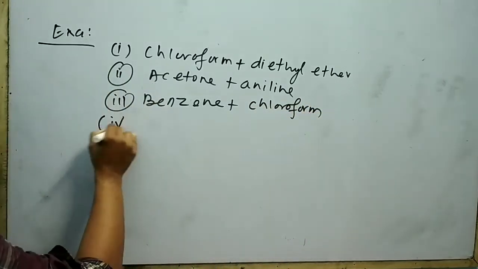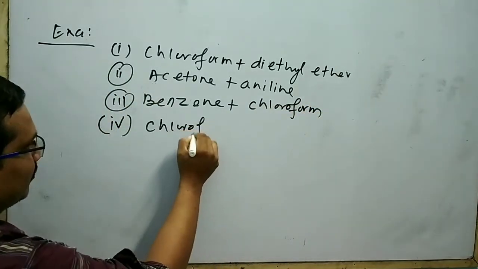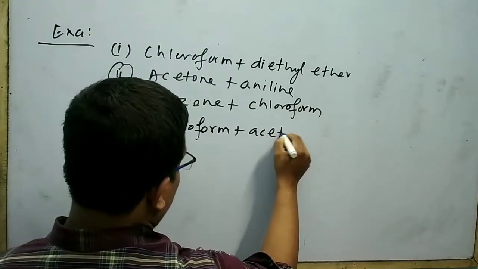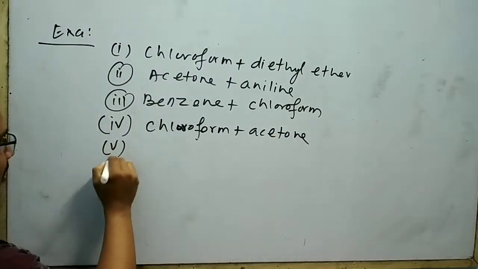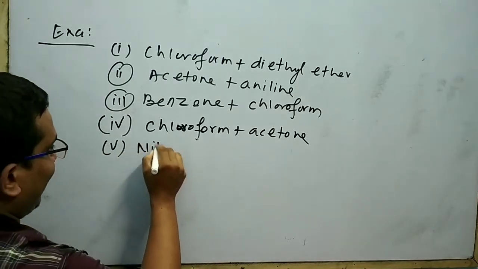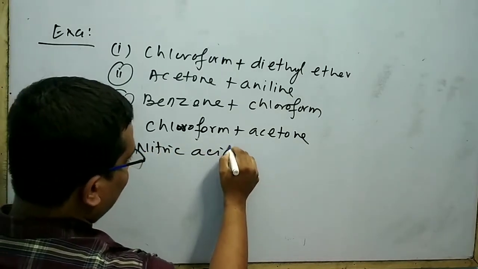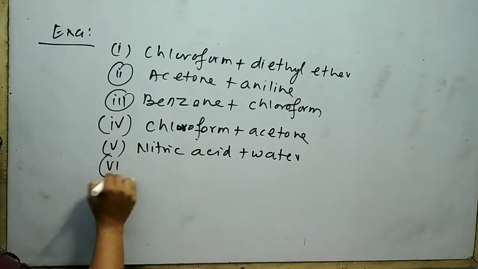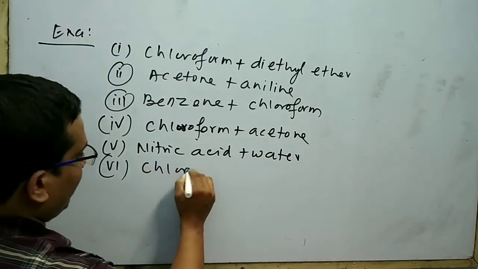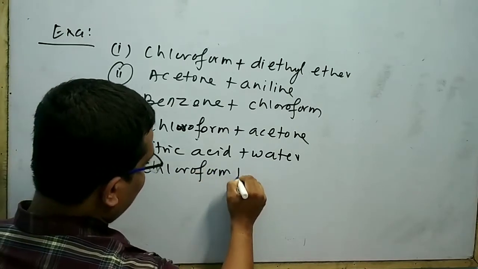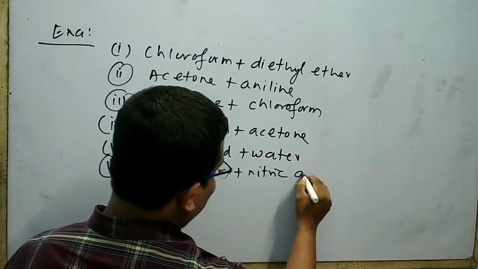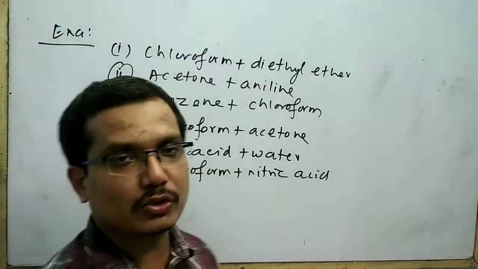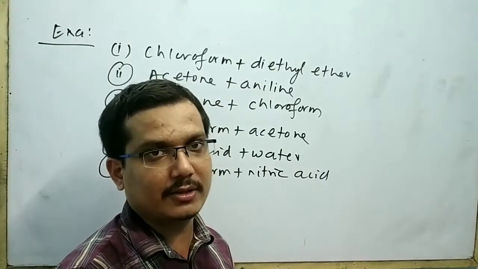Number four is your chloroform plus acetone. Number five is your nitric acid plus water. Number six is your chloroform plus nitric acid. These are the examples of non-ideal solution showing negative deviation.